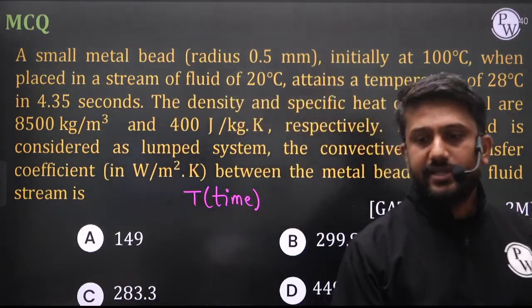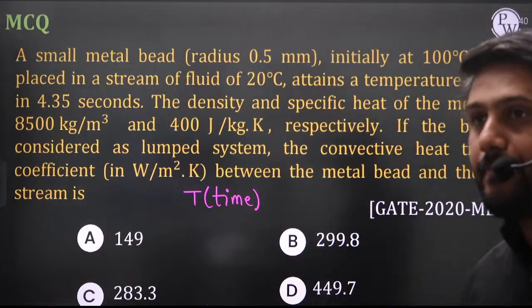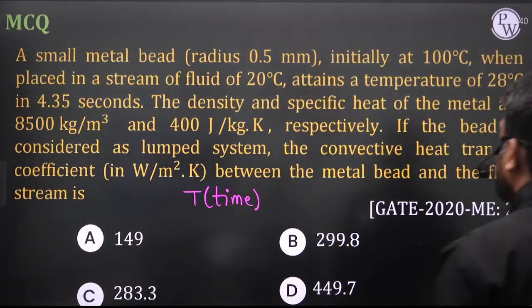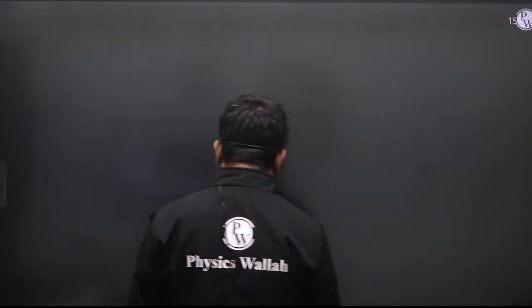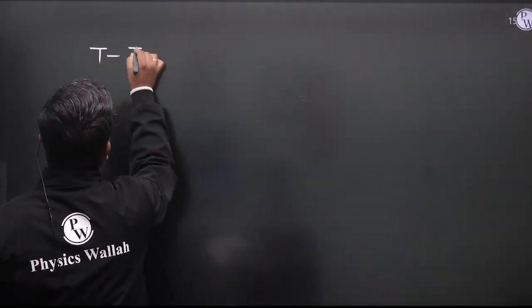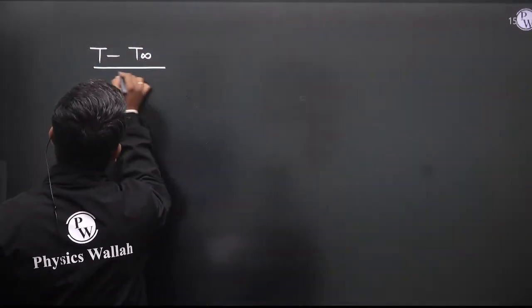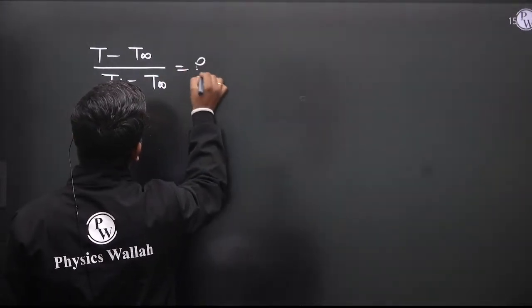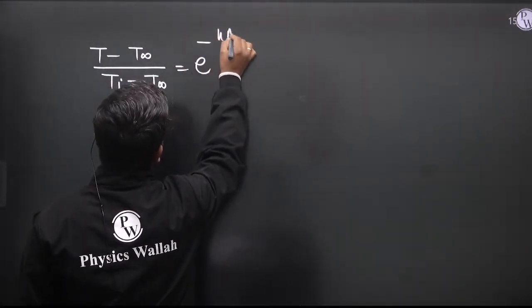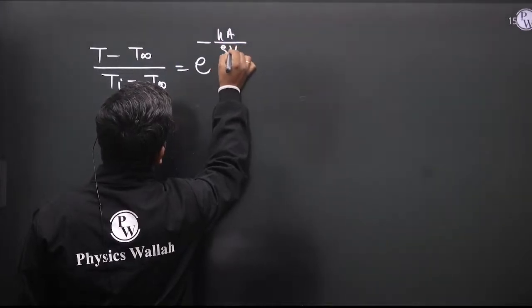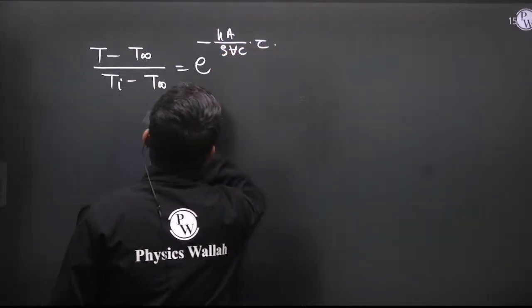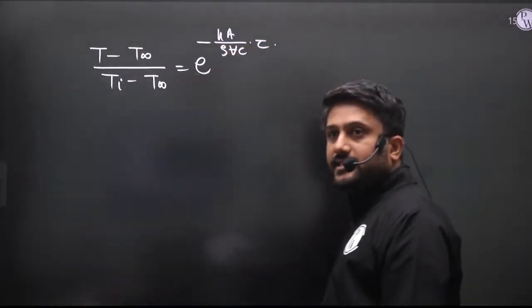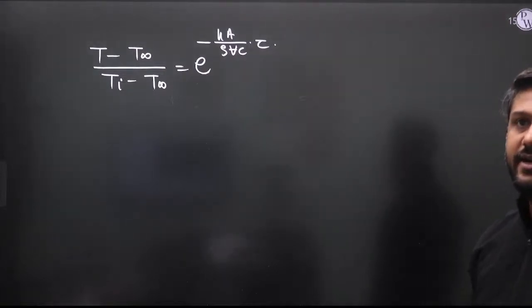And how does the temperature change with respect to time? We can say T minus T infinity upon Ti minus T infinity is equal to e to the power minus hA upon rho Vc into tau. This is the temperature variation with respect to time.